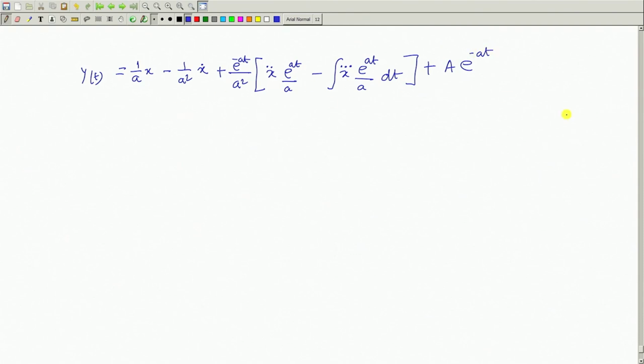Now, this if you expand, it comes out to be 1 by a x minus 1 by a square into x dot.